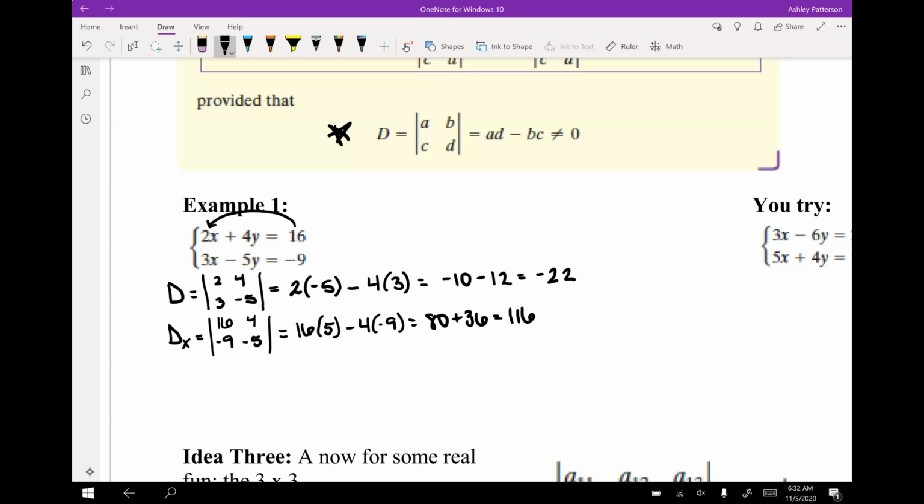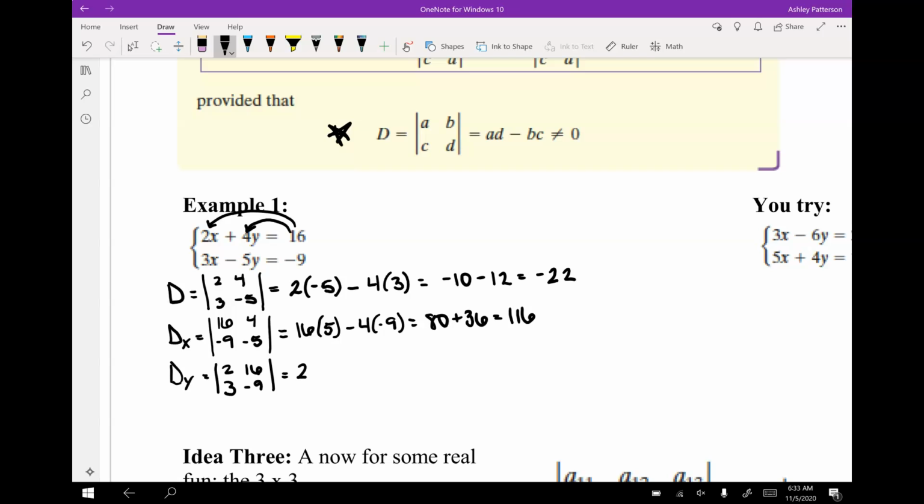Okay, keep going with me. The determinant of y. Now we're going to take the solutions and substitute them into the coefficient column of the y variables. So A and C are 2 and 3, but we're going to have 16 and -9 over here. Here we go.